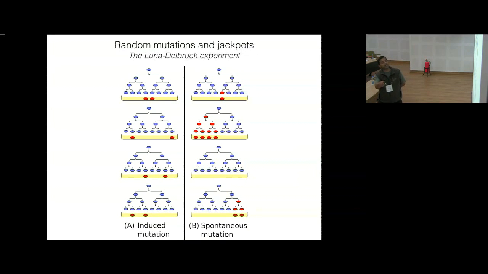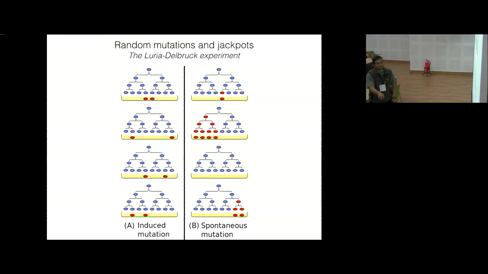So if you start with a mother culture of bacteria, and you take some bacteria and put it on a plate which is infected by a virus, a lambda bacteriophage, this virus kills the bacteria, right? However, if there's a resistant strain, it can survive and grow on this plate. Okay?